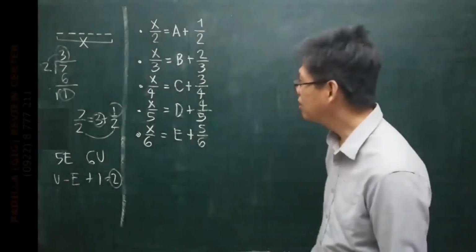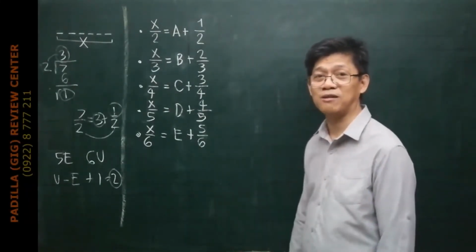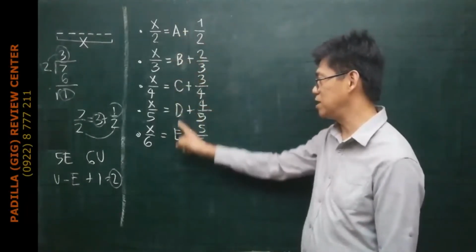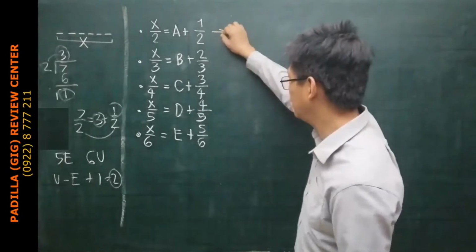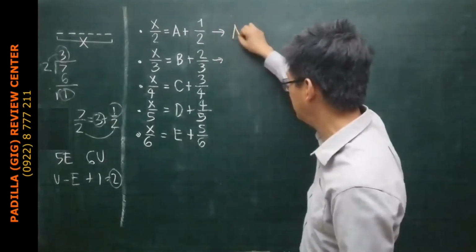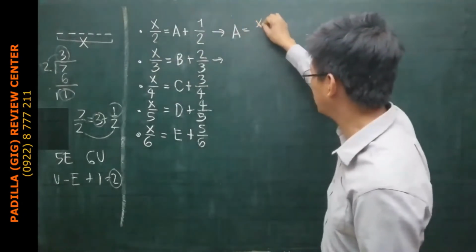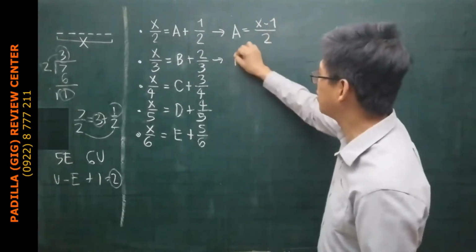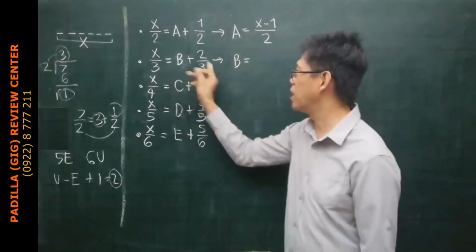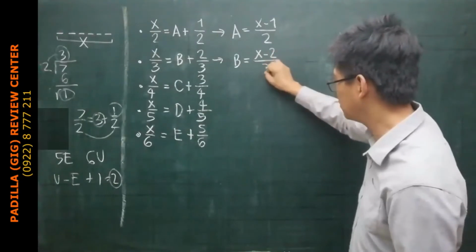Okay? So let us express in the key equation one variable in terms of the other. Let me express A, B, C, D, E in terms of X. So what we will have here will be A is equal to X over 2 minus 1 half, or that is (X minus 1) over 2. While here, B is X over 3 minus 2 thirds. This is (X minus 2) over 3.